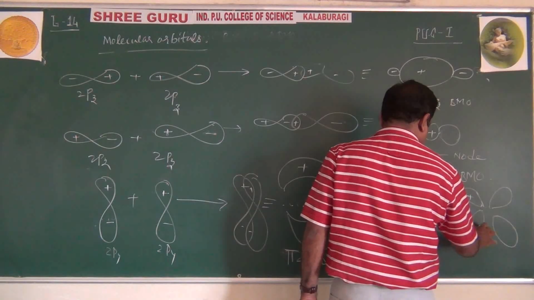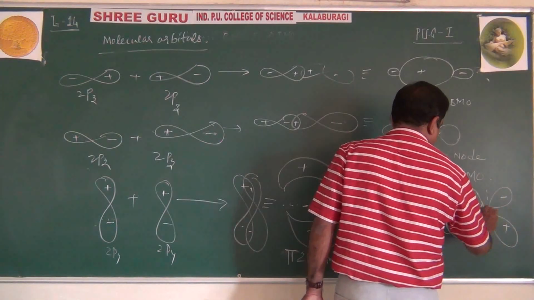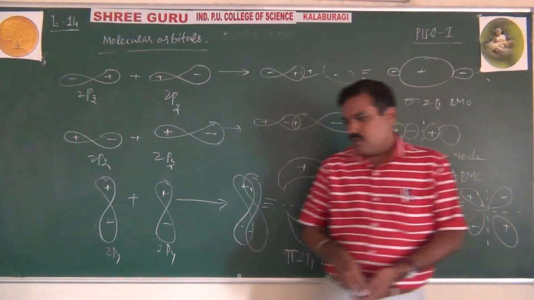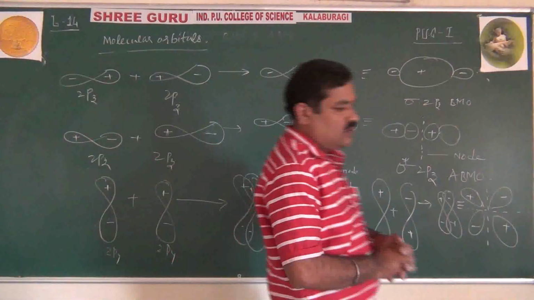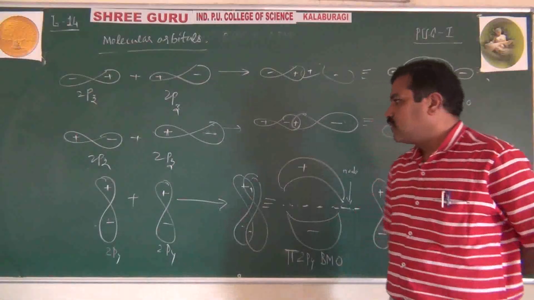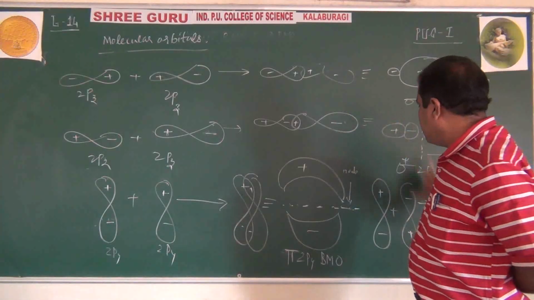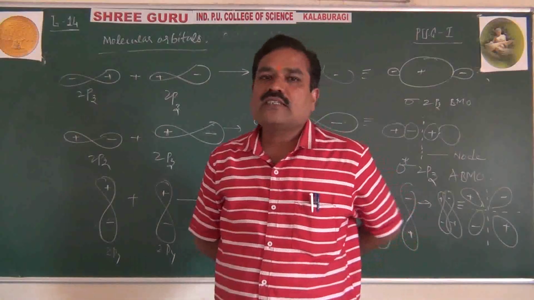Plus minus just here, minus plus. But here we have 2 nodal planes. That's why I told you 2py will be same as 2px, while 2pz forms sigma bond formation. Like this, these are phase in, phase in. This is called phase out. Antibonding is phase out and bonding is always phase in.